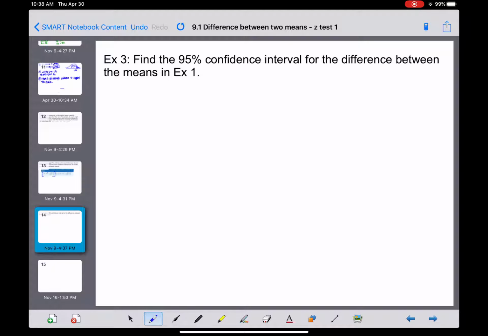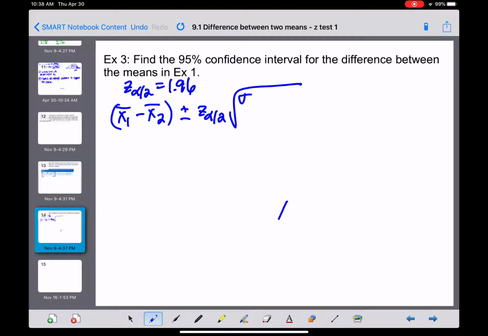If we remember, z sub alpha over 2 was 1.96, because we're finding the 95% confidence interval. So I'll write the formula here: plus or minus z sub alpha over 2 times the square root of sigma 1 squared over n1 plus sigma 2 squared over n2.